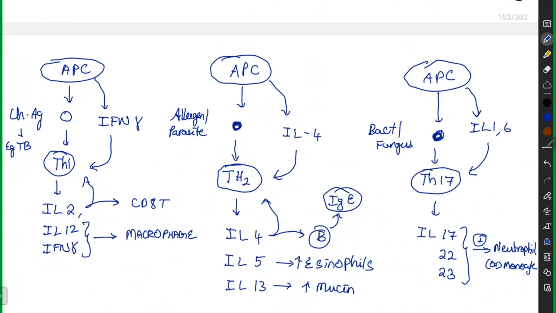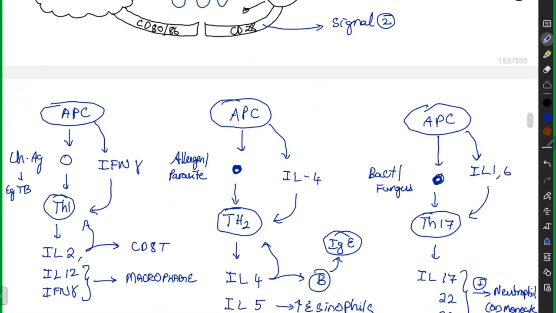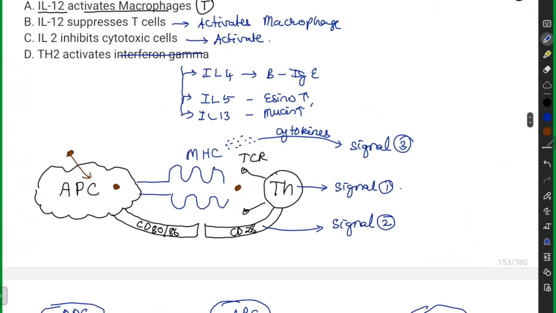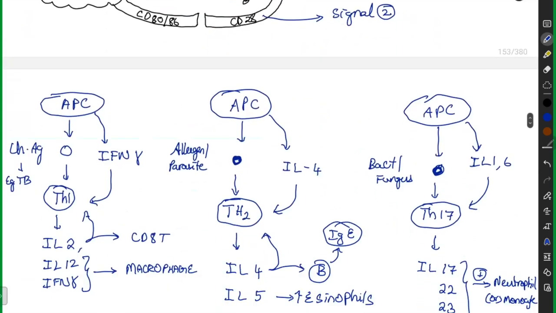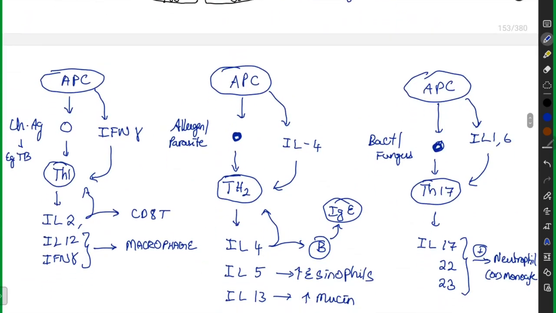Very important concept, I want you all to listen carefully. The antigen presenting cells take the antigen with the major histocompatibility complex on the membrane and present it to the T helper cell. Now the question is, which T helper cell will the antigen presenting cell present to: T helper cell 1, T helper cell 2, or T helper cell 17?